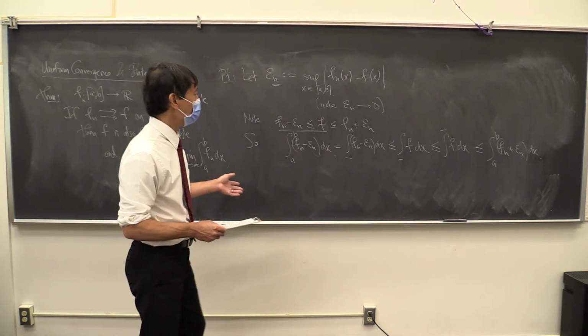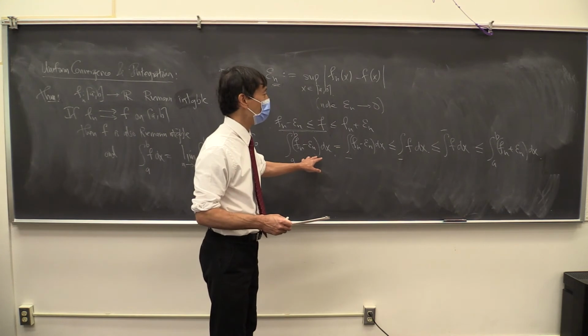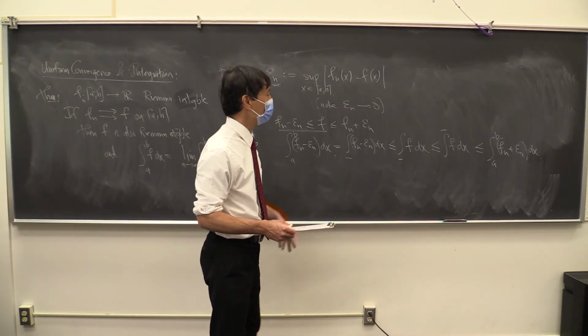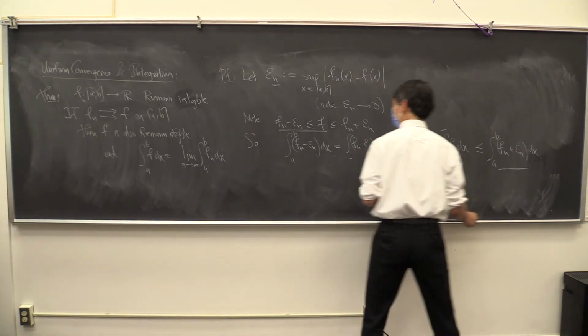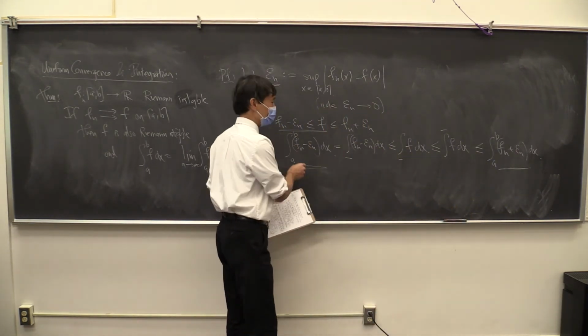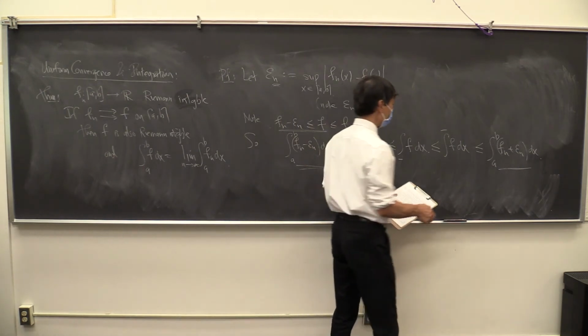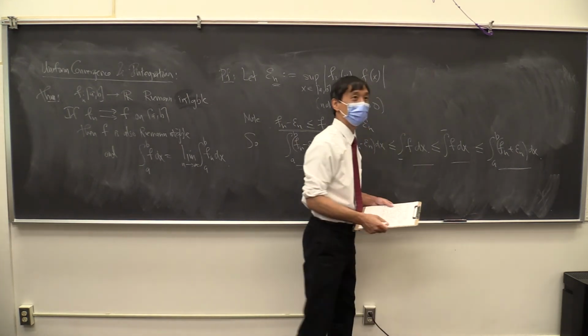Okay. So we have this string of inequalities, and we're going to make the observation that if you take this thing and subtract off this thing, then that difference is bigger than this difference.